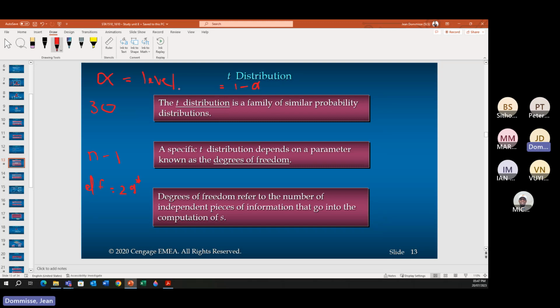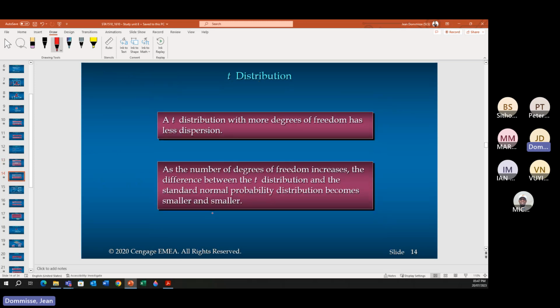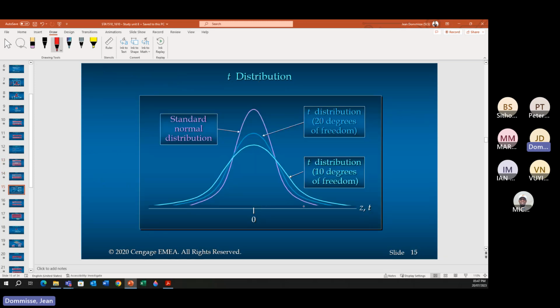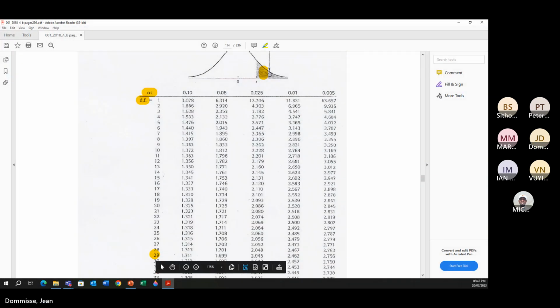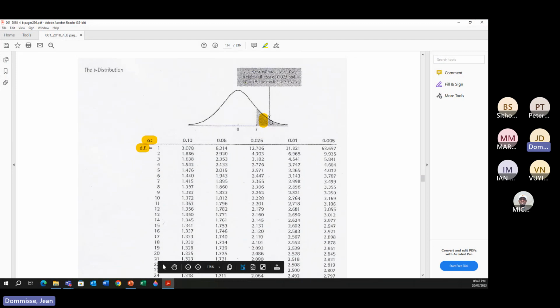So when we talk about a 95% level of confidence or confidence interval, I'll show you how we get to what is needed when we get to one of the exercises, using this table.